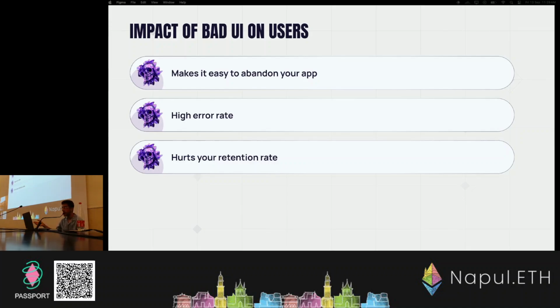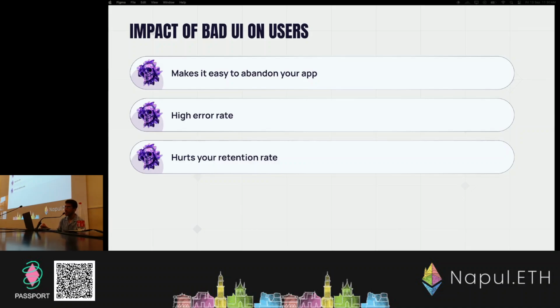Like, there has to be some impact, right? So the consequences are that users who encounter confusing interfaces are more than likely to abandon your app, in turn letting your revenues down, letting your user base down. And a confusing UI also leads to a very high error rate. So people might accidentally send too much crypto.